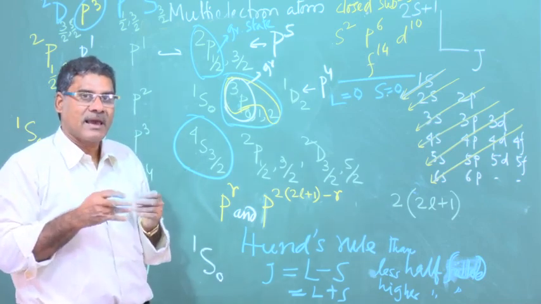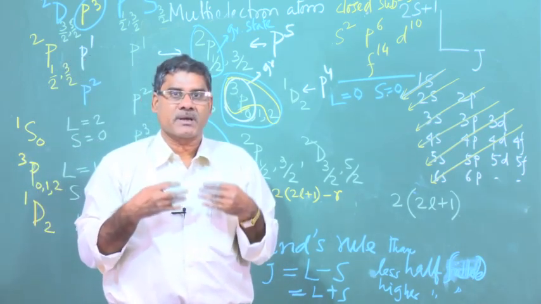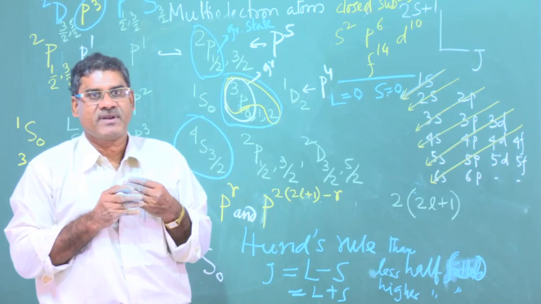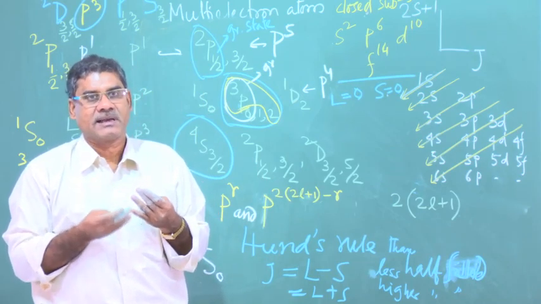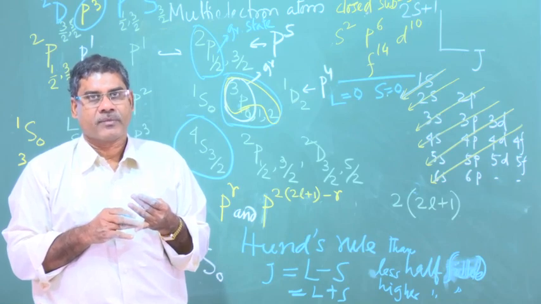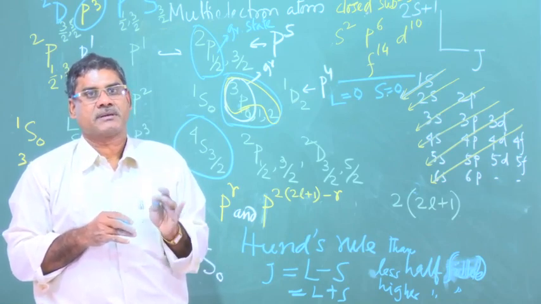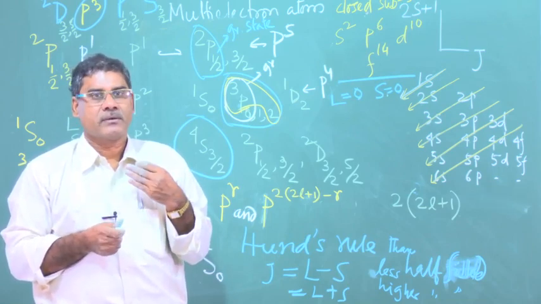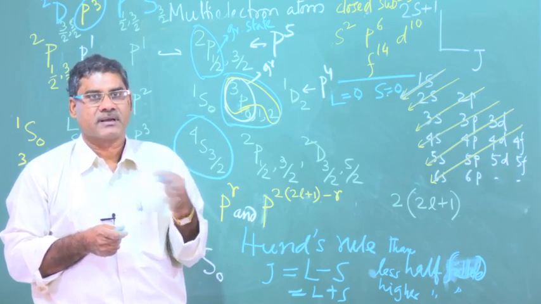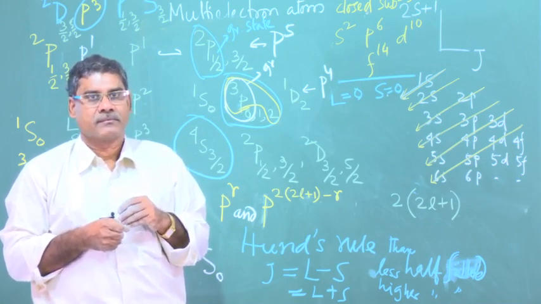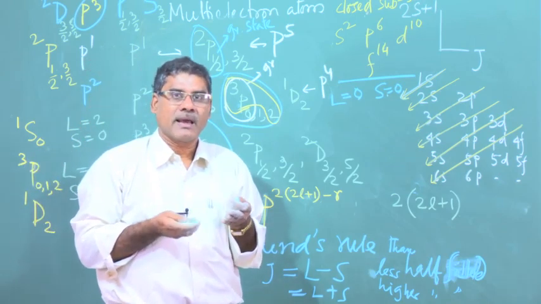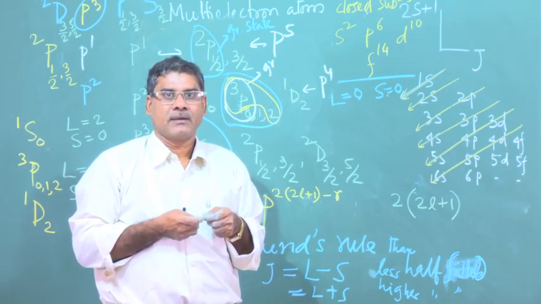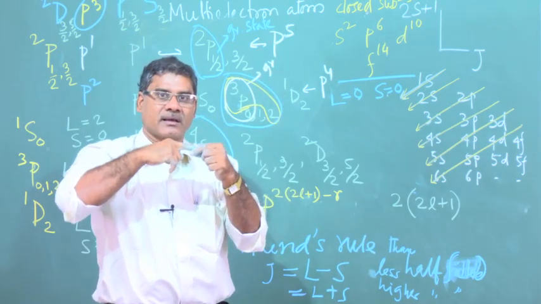If I can find out the spectroscopic term for an atom, then everything is done. As I mentioned earlier for a single-electron atom, if I know the spectroscopic term, then I can do everything in spectroscopic study. I want to study the spectral lines.